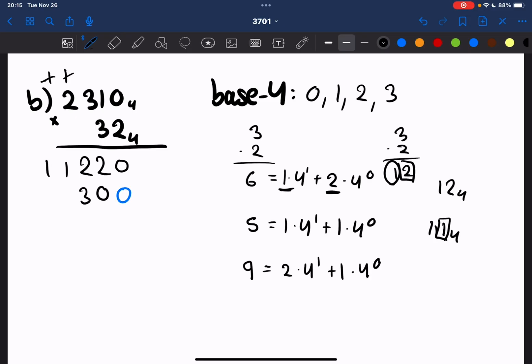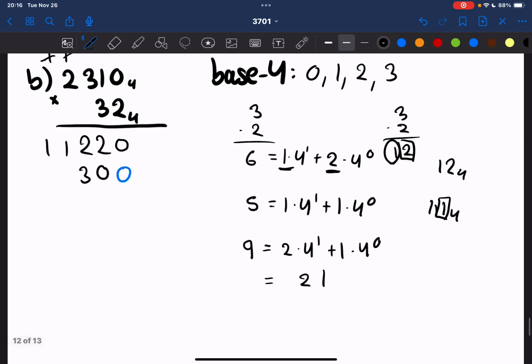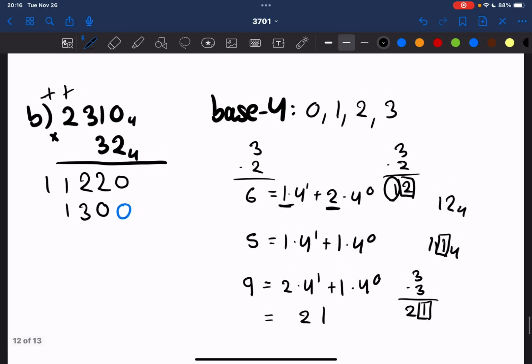So that means we would have 21 as our value. So 2, 1. I believe that's right. So we'll say 3 times 3 is equal to 21 in base 4. We're going to take that first digit, and then we're going to carry the 2, this 2 here, up to this place.